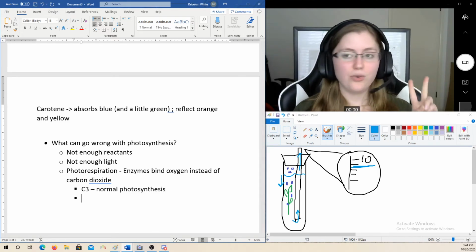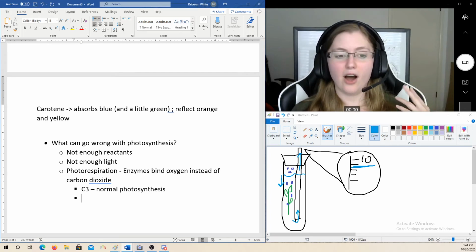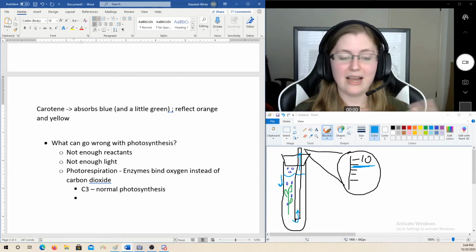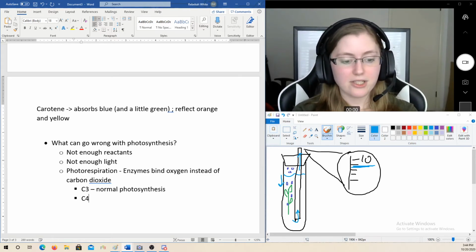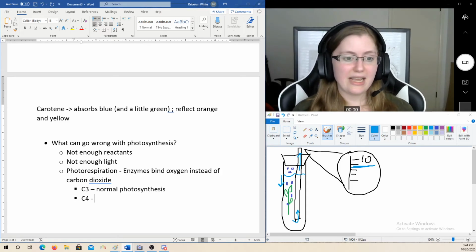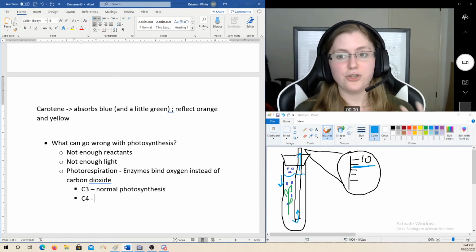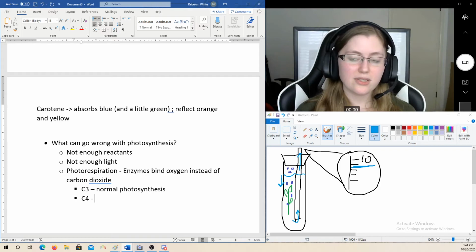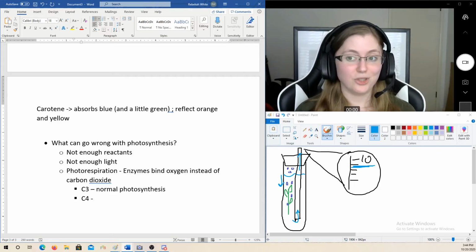But we have two other kinds of plants that have adapted and evolved over time to be able to avoid photorespiration. The first of those is the C4 plant. These names, C3 and C4, have to do with the carbon molecules that get moved around during photosynthesis.